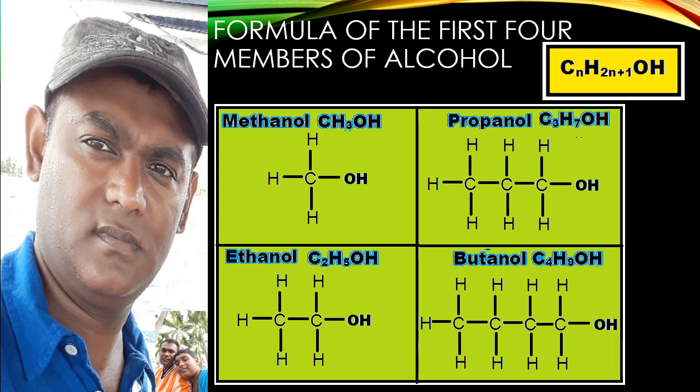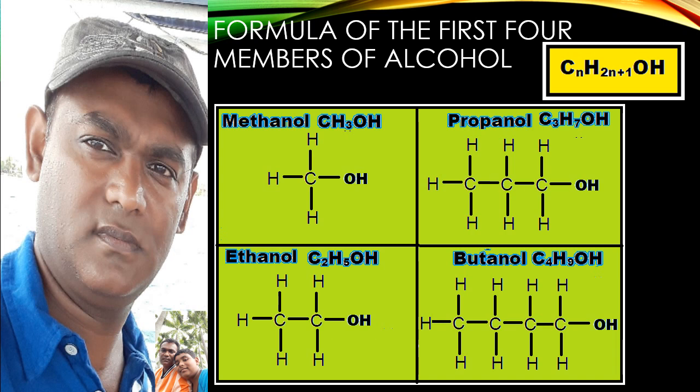When the value of n is substituted by 3, we obtain the formula of propanol. The formula of propanol is C3H7OH. In this case, we have 3 carbons. In between the 3 carbons, we have a single bond.